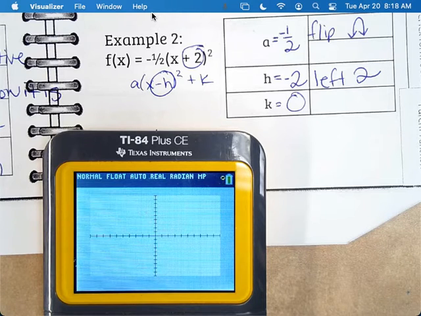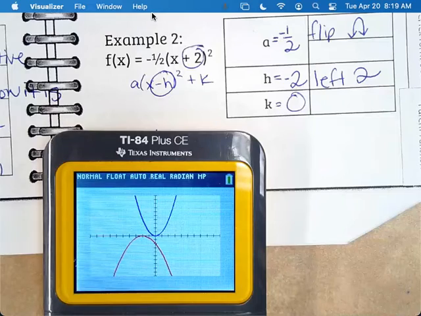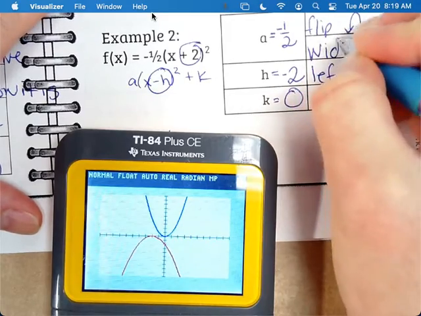Hit graph. So it does flip over. It does move to the left 2 units. And was it made wider or narrower? Wider. It was actually made wider. Yep.